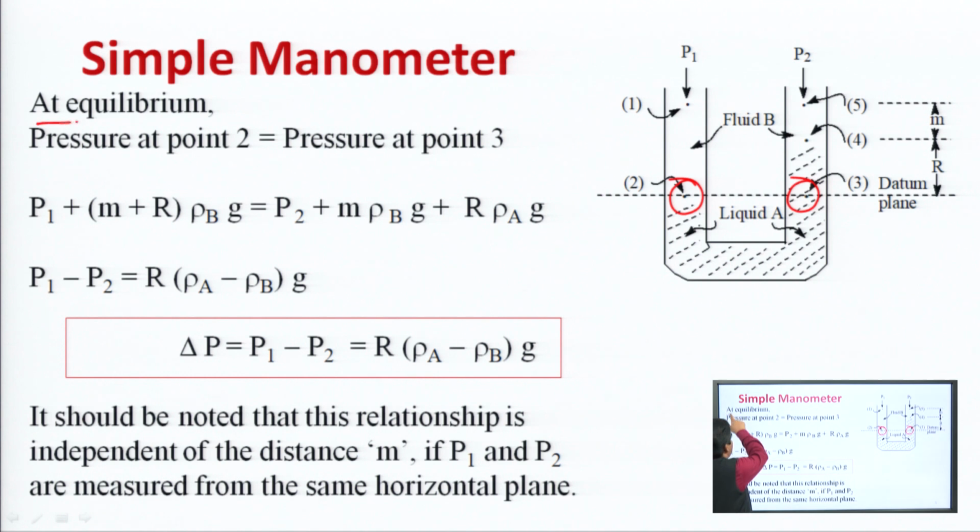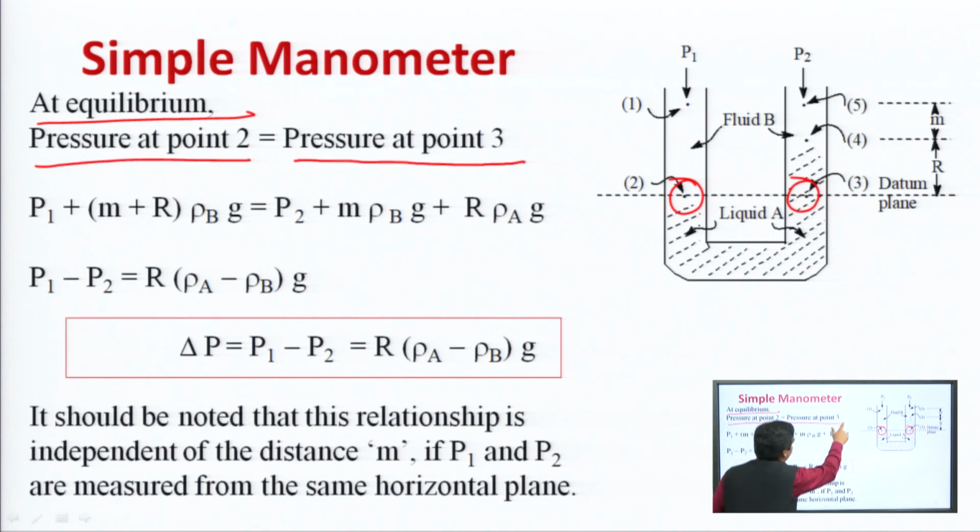Now, at equilibrium or during steady state, the pressure at point 2 will be equal to the pressure at point 3. What is the amount of pressure exerted at point 2? It is the sum of the pressure at point 1 along with the pressure applied by this fluid B to this point.